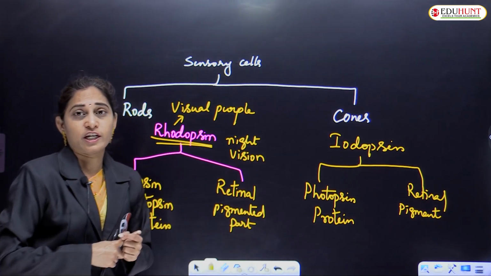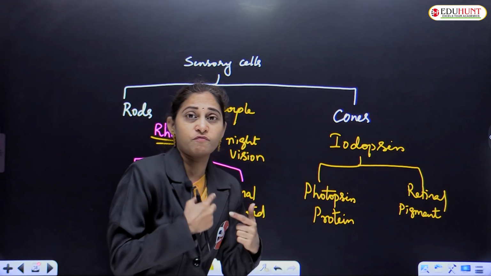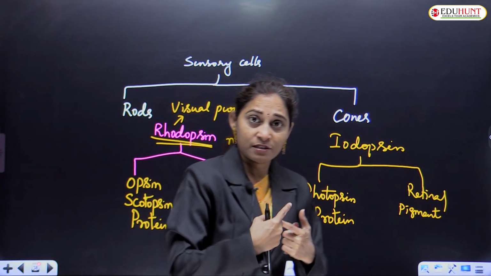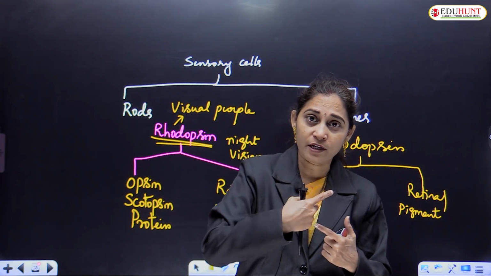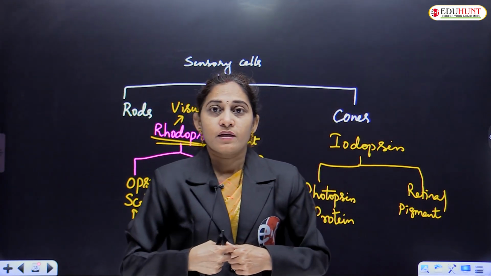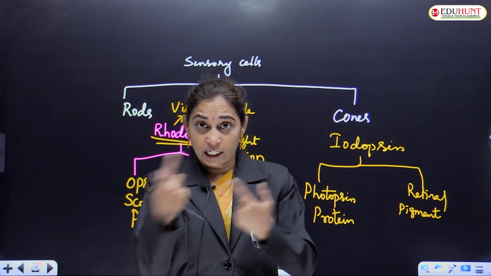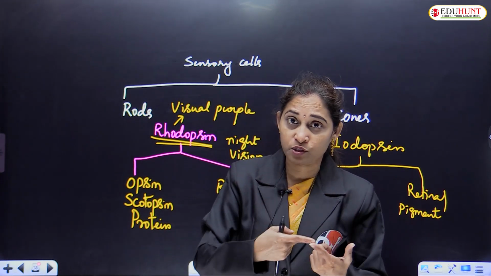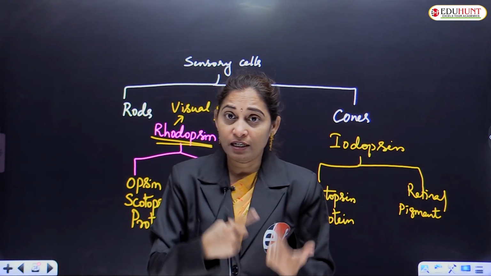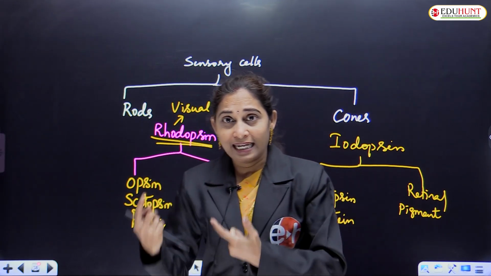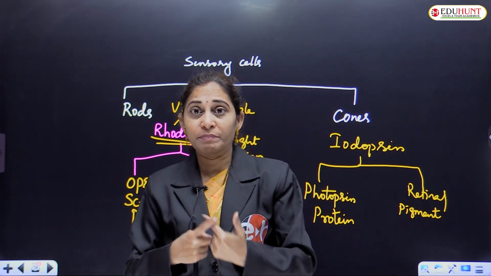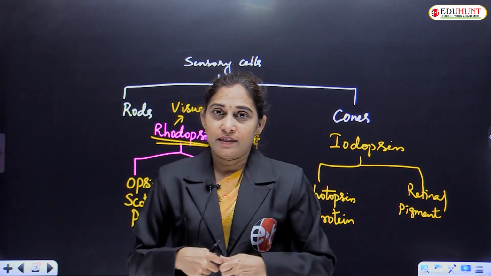This chemical change is responsible for generation of a nerve impulse, which is carried by the optic nerve to the brain. Because of this change in chemical structure, rhodopsin converts the chemical signal into an electrical impulse, which is carried to the brain.